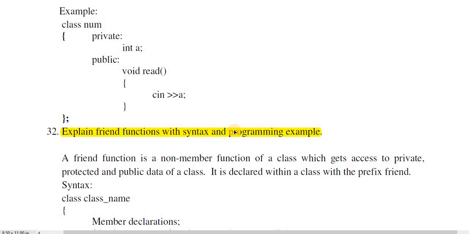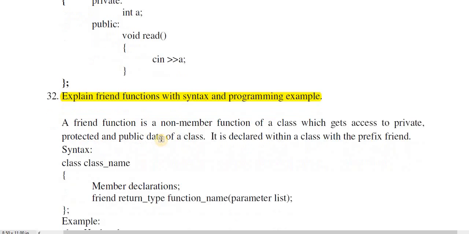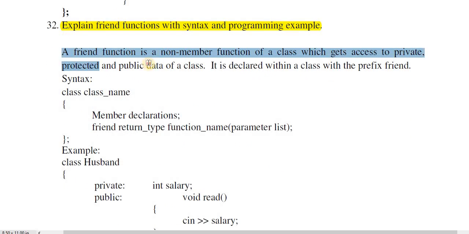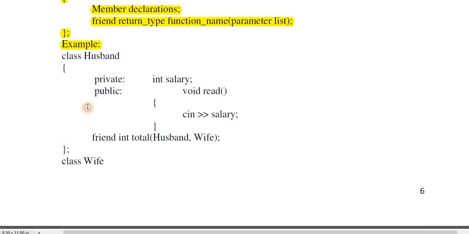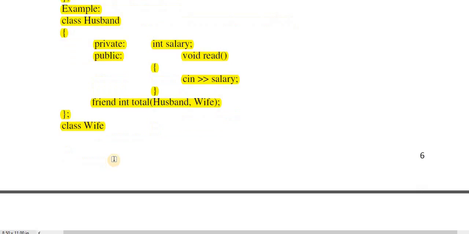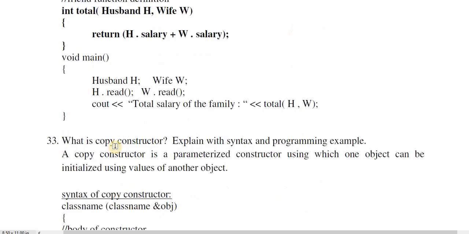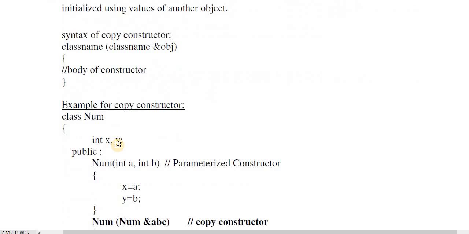For 5 marks we have to explain the friend function. Explain means we have to write the definition and some rules or characteristics, with syntax and programming example. Here the definition is given, this is the syntax we have already seen, and this is the programming example. Okay, next.